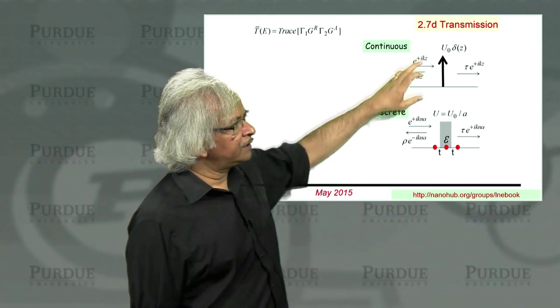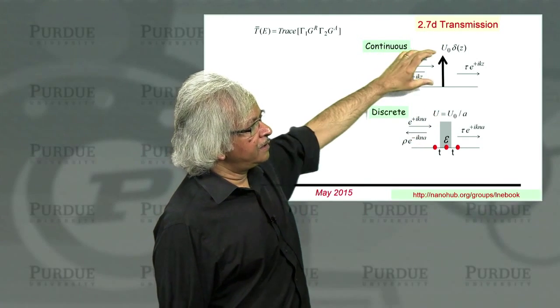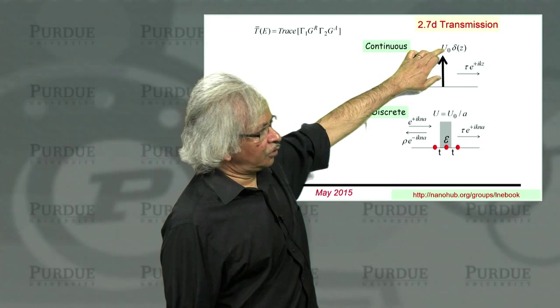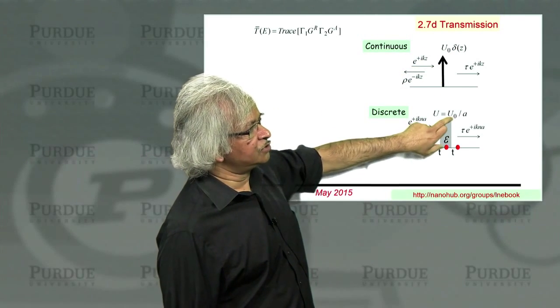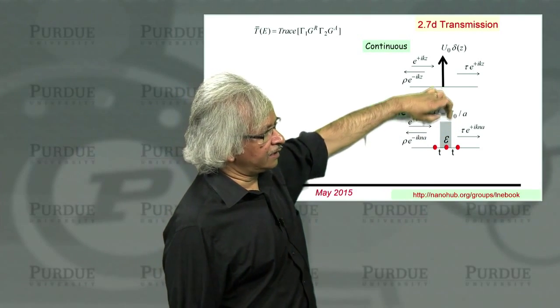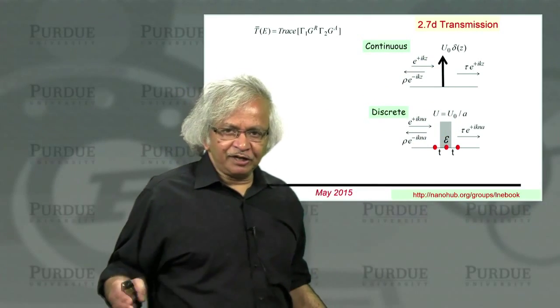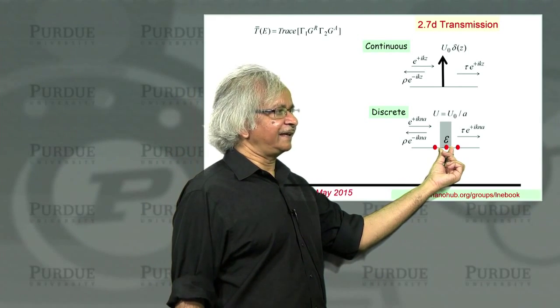One tricky point, when we go from the continuous to the discrete, this delta function, note that this is u0 delta z. What you should put here is u0 over a, the potential. Because it's a discrete lattice, your width is like a.